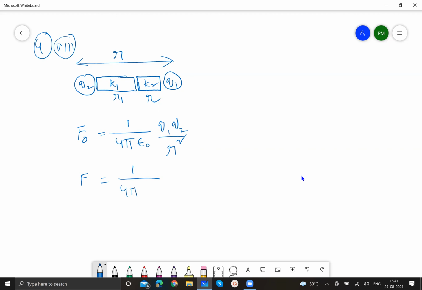If the complete space is filled by a single dielectric, then it is 1 by 4 pi epsilon 0 K into Q1 Q2 by r square.